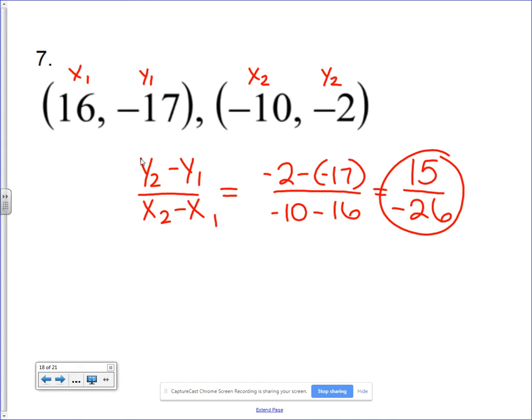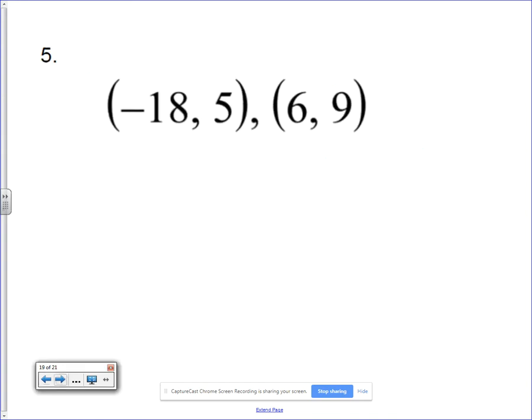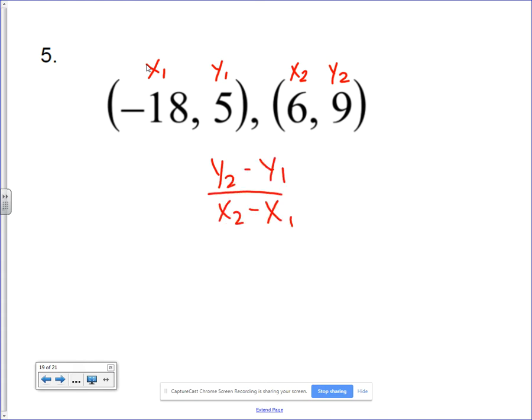And I got one more set of points. Number 5. So we're going to label them x1, y1, x2, y2. I'm now going to write down my formula. Remember that the y's go on top. The common mistake is to flip them. All right, go ahead.